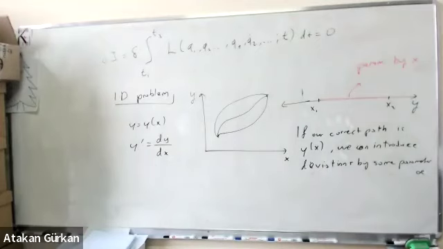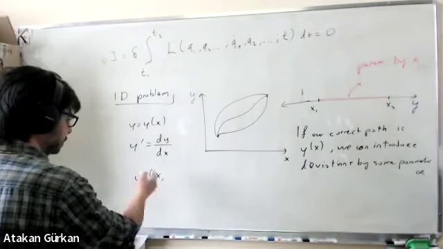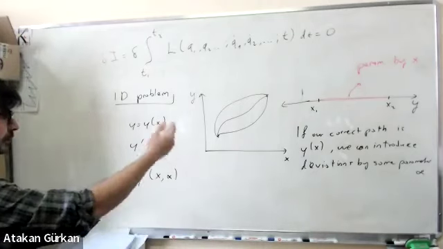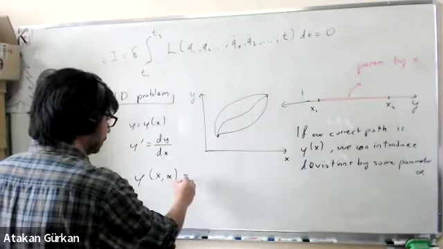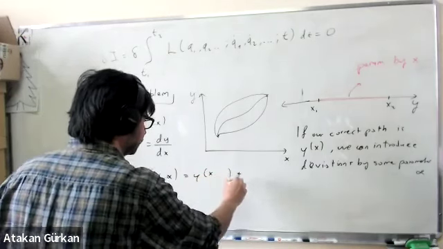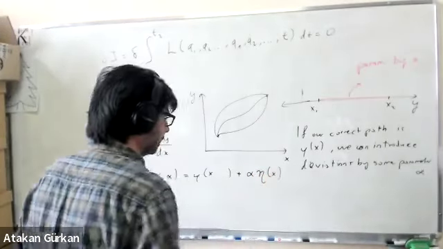Okay? So I'm going to include this alpha, and that is going to be our dependent variable y of x plus alpha. So this is going to be all the paths that I can draw: the correct path plus alpha times some arbitrary function.